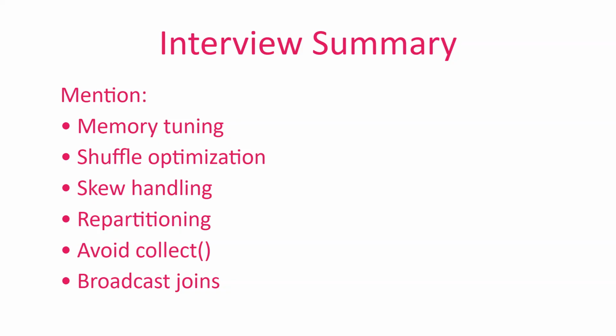I fixed them by increasing executor and driver memory and overhead, reducing skew using repartition and salting, avoiding collect, using broadcast join, tuning shuffle partitions, caching only necessary data, and adjusting partition size for a balanced workload. This shows real experience and deep understanding.